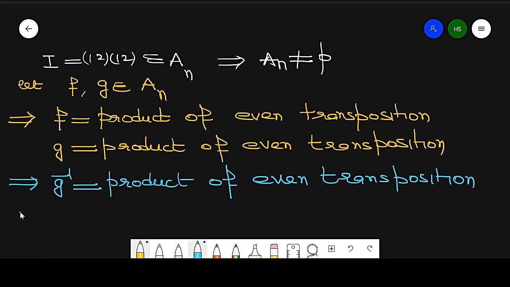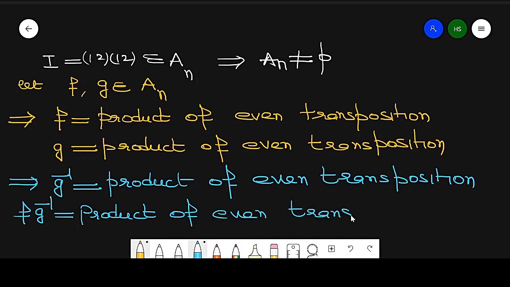So what is fg inverse? f is a product of even transpositions, and g inverse is a product of even transpositions. So this is again a product of even transpositions.